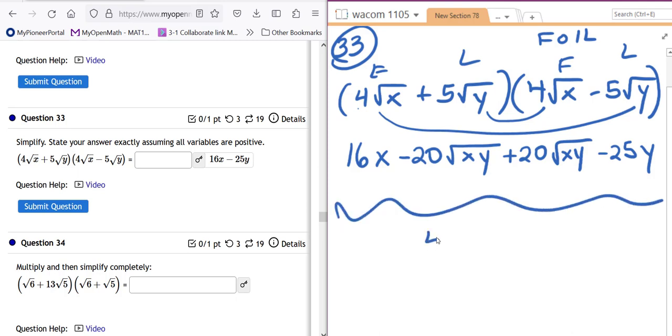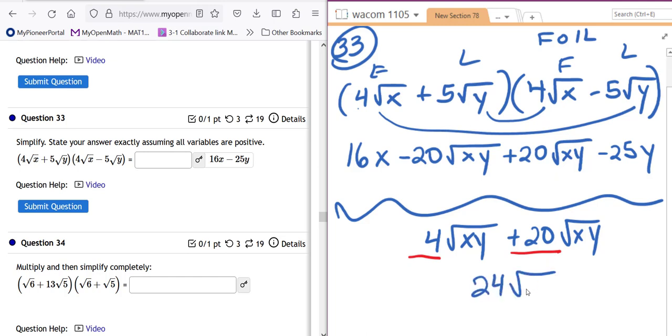If we have 4 times the square root of xy plus 20 times the square root of xy, they're not going to cancel out. Your math is on the outside. And you keep one copy of the radical. So this part in here is not changing. They have to be like radicals to put them together. Did I answer your question?